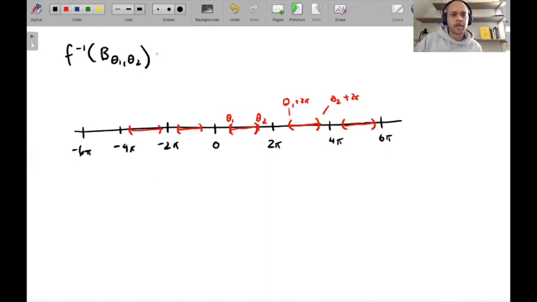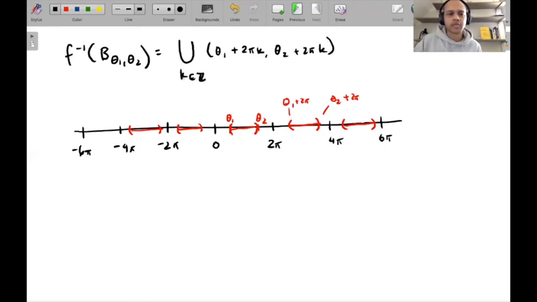So in a formula, this is a union of the intervals from θ1 plus 2 pi k to θ2 plus 2 pi k, over k in the integers.